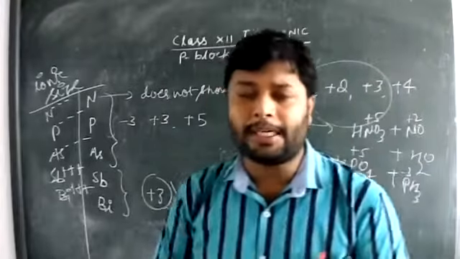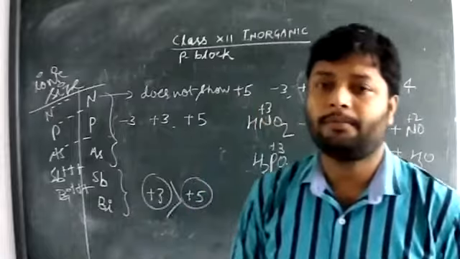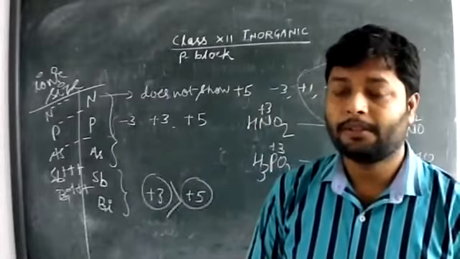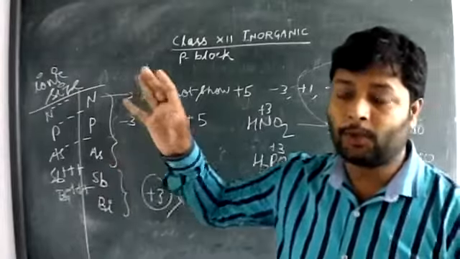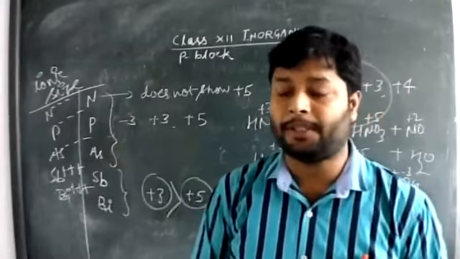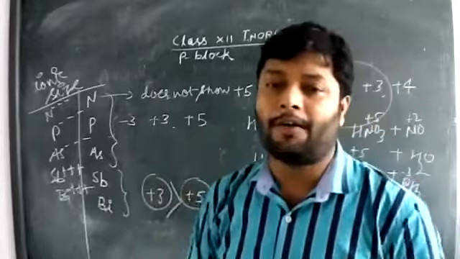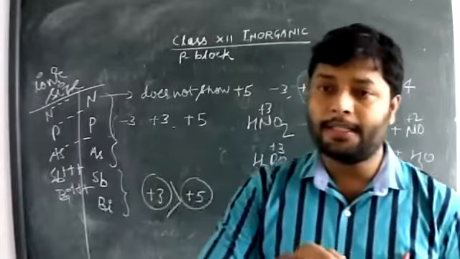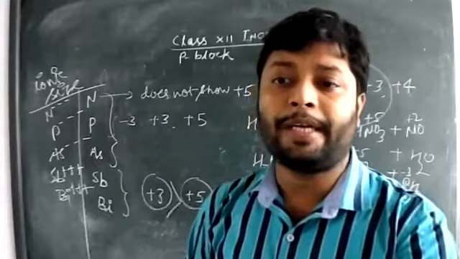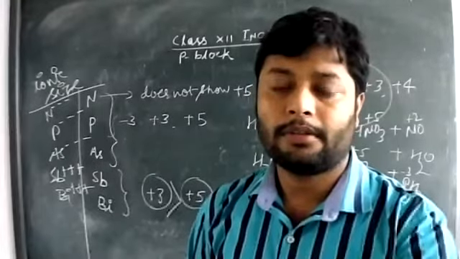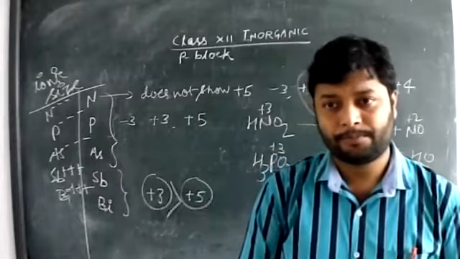But we have to discuss one more important concept from the same group that is necessary to learn from the chapter, the anomalous behavior of nitrogen. So let's enter the next topic. The anomalous behavior of nitrogen.